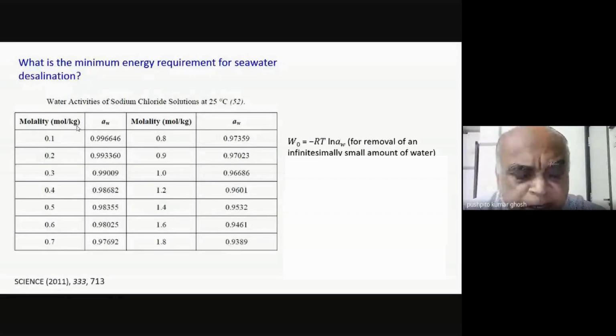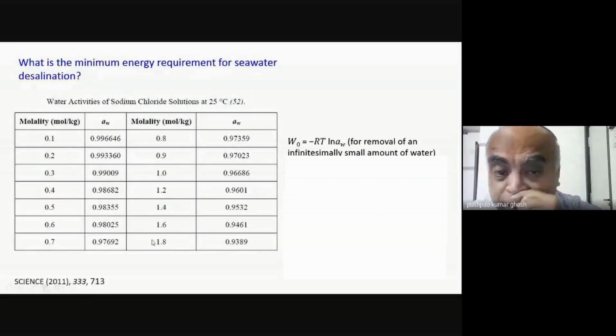And so if I take 35 divided by 58.5, the molecular weight of sodium chloride, you can see the value is 0.598 molal. So you can see from the value that it has an activity of 0.98025, the water activity. And as you increase the amount of salinity, the activity value keeps going down.